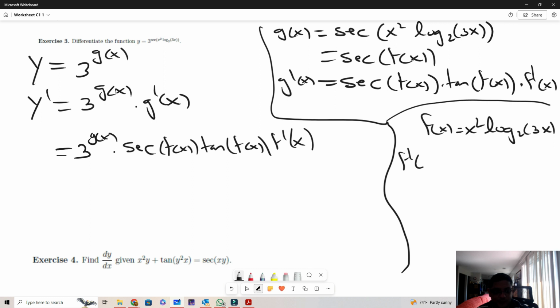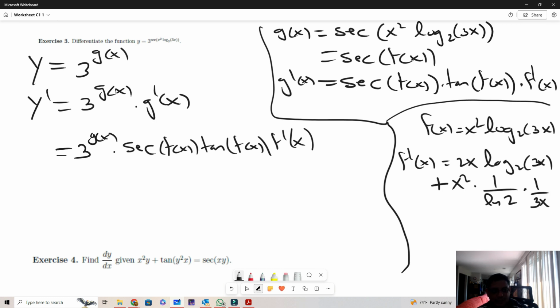So f prime of x is going to be 2x log base 2 of 3x plus, and then x squared, and then the derivative of this log is also a chain rule, but the derivative of log of base b is 1 over ln of b times 1 over 3x, but by the chain rule this also produces a 3, so it's going to be this.